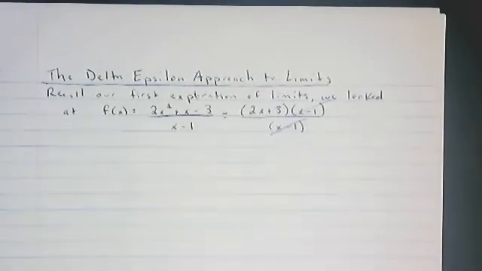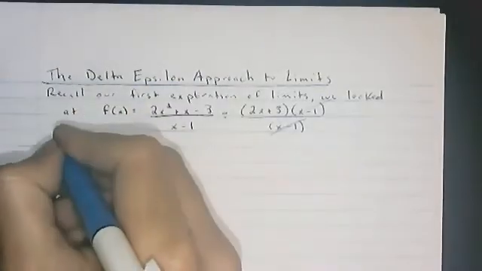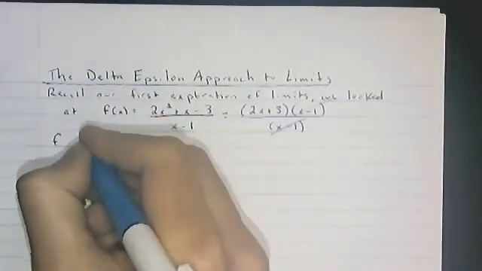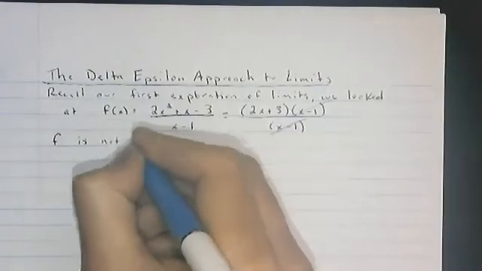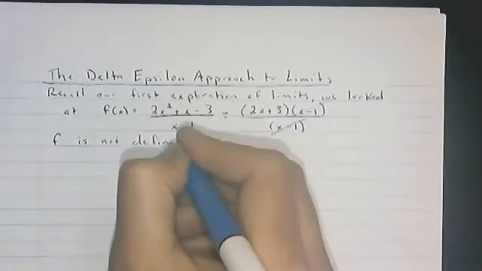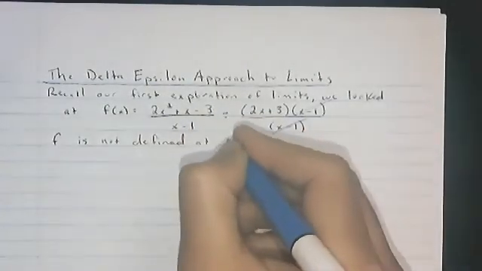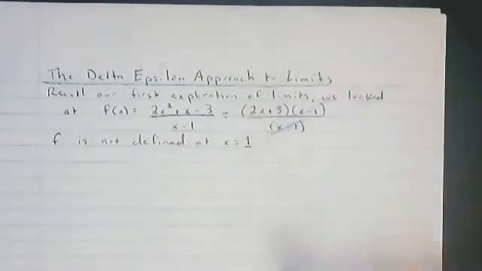Because f was not defined at 1, we remembered that f is not defined at x equals 1. But we were able to use our calculators to get closer and closer to 1 and see what our function was doing.